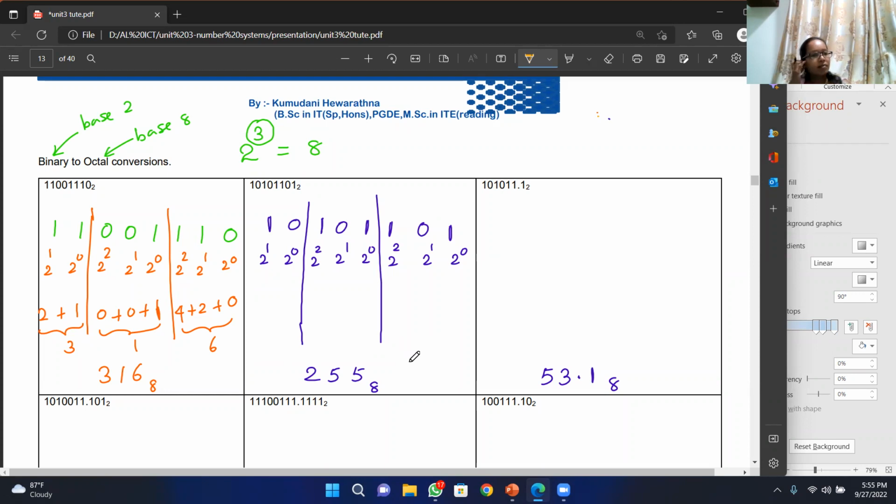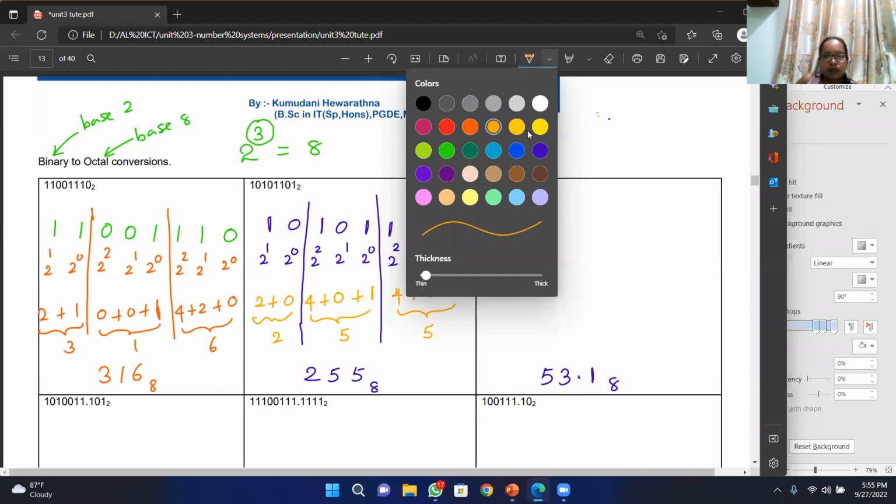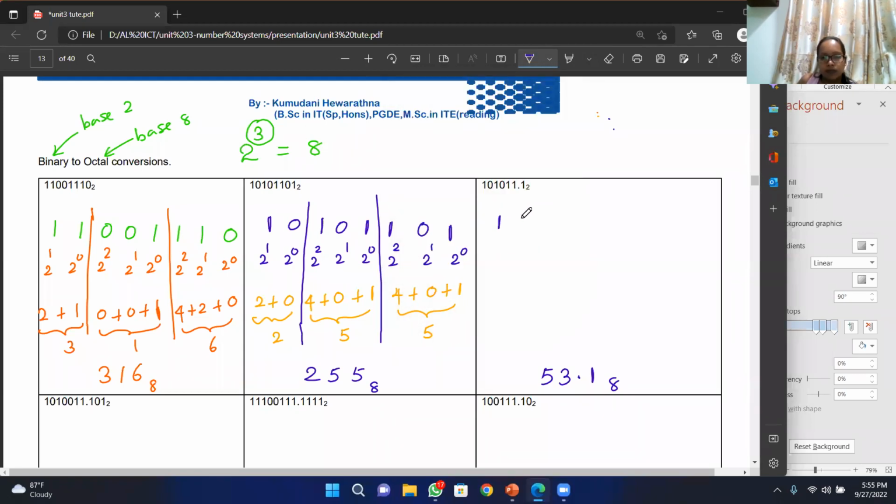Later you can speed up your calculation, but for now, just do it slowly. Point 1.